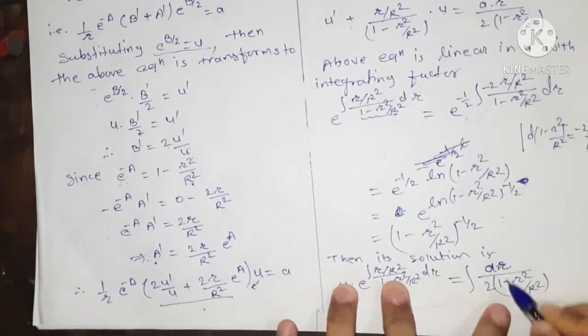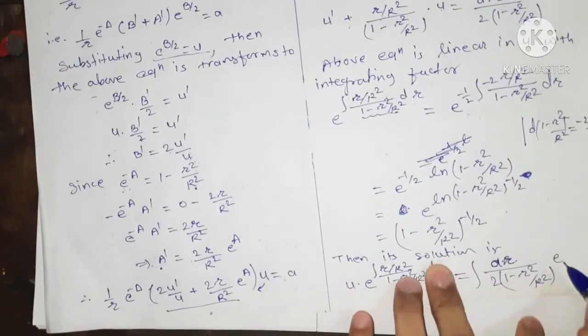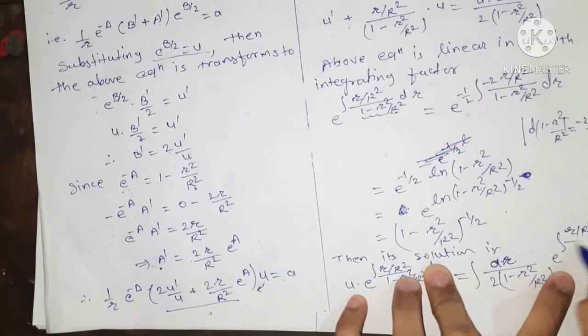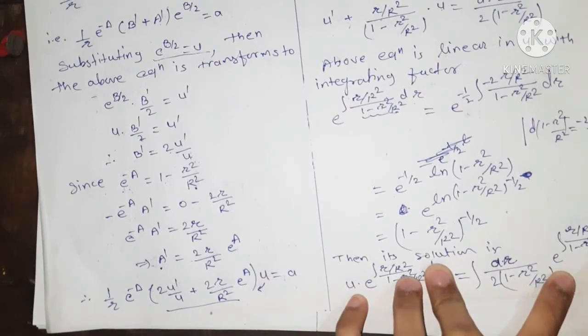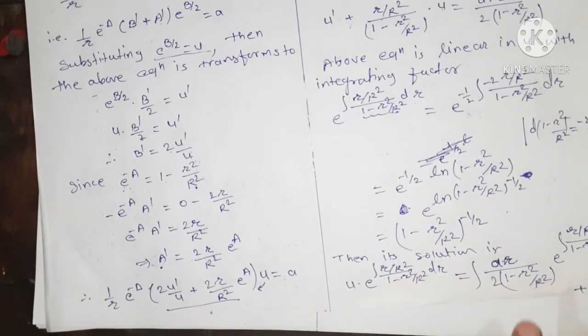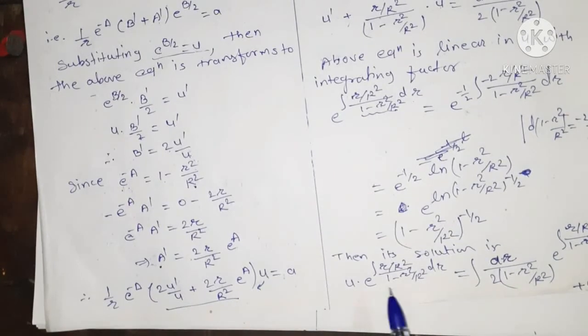That is, this is our q into the integrating factor, e to the power integral of r upon R square, 1 minus r square upon capital R square dr, into dr plus the constant.